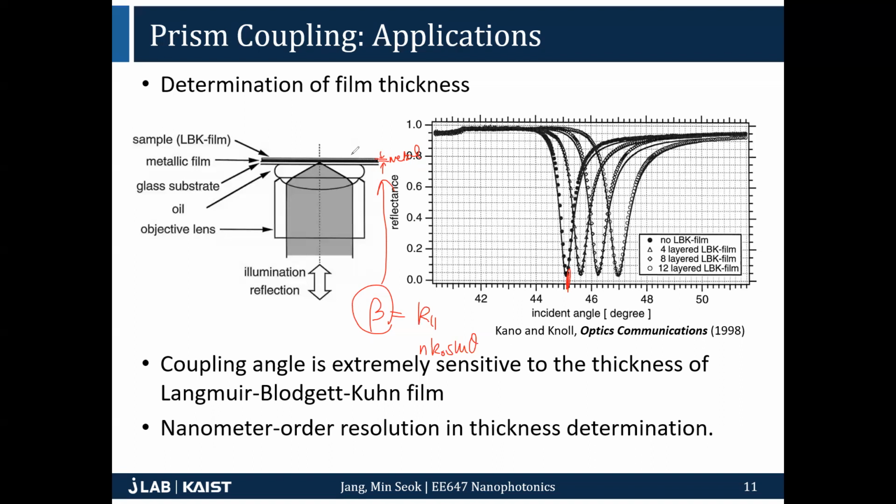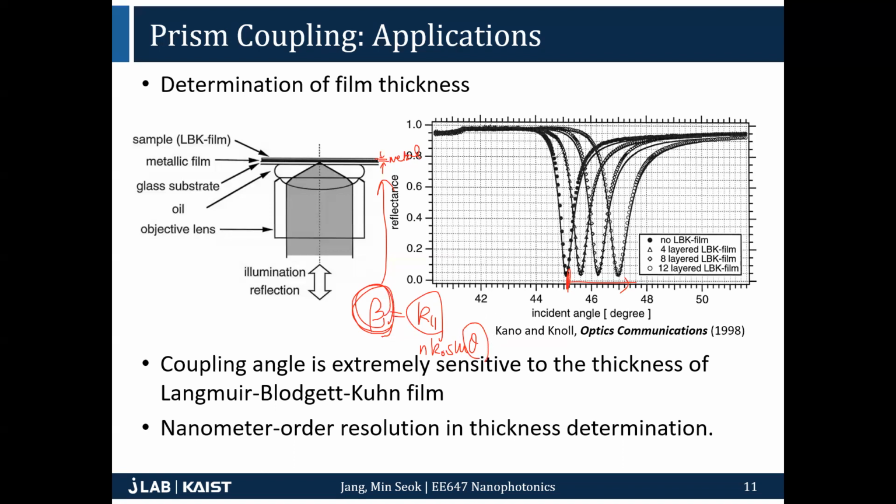So as you change the metal thickness, your beta shifts by a very small amount. And that small amount can be detected in an angle spectrum, because beta has been shifted. In order to match the phase, your theta has to be also shifted.